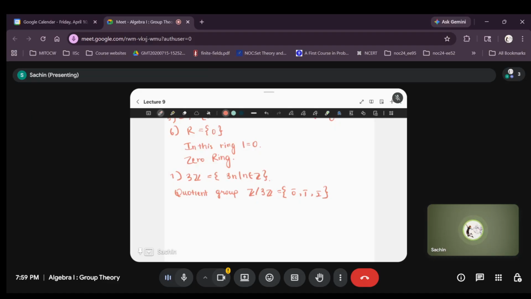So here, unlike Zn, where Zn was 0, 1 up to n minus 1, we were not dealing with the equivalence classes. We were dealing with the actual numbers, integers 0, 1, 2 up to n minus 1.